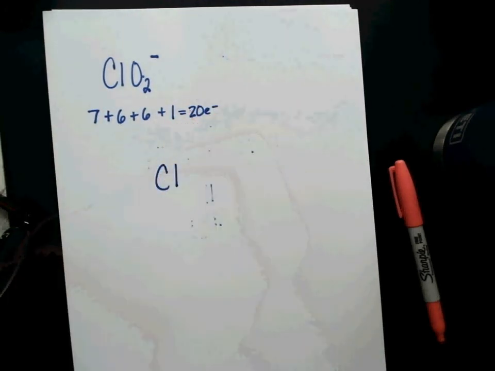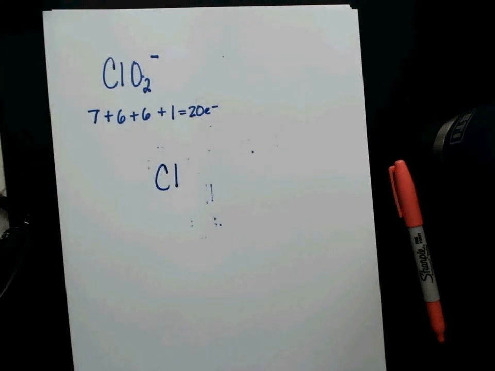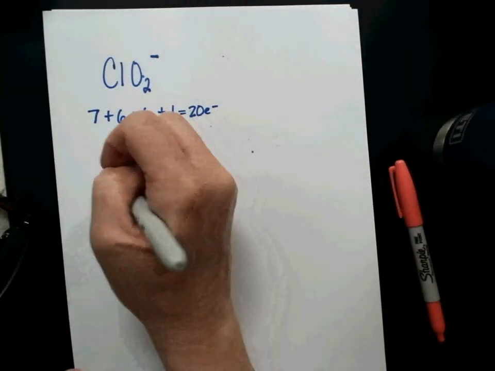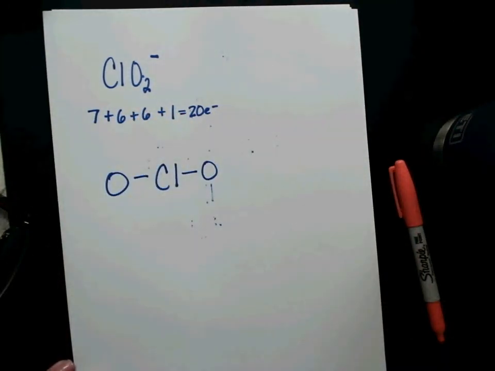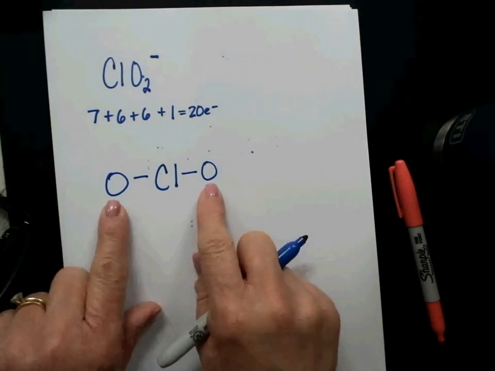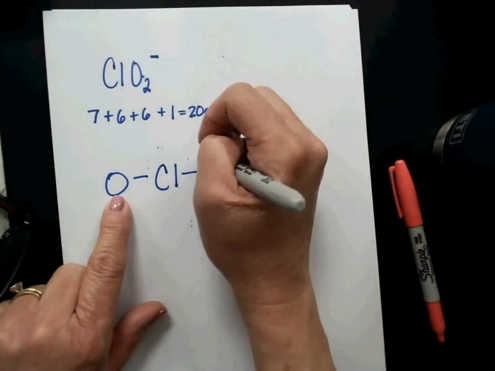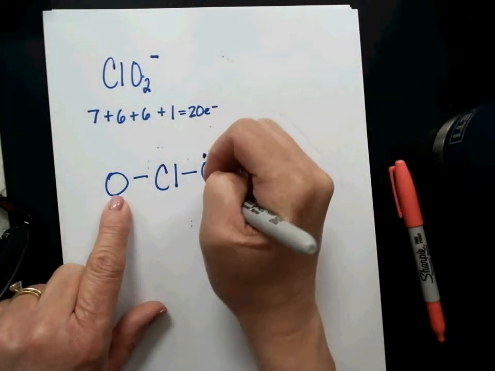Chlorine's alone. So in this case, I'm going to put chlorine in the center. And then I've got 2 oxygen, so I'm just going to bond them on there. Then I'm going to take these outside guys and work with them first. I'm going to give them both an octet.